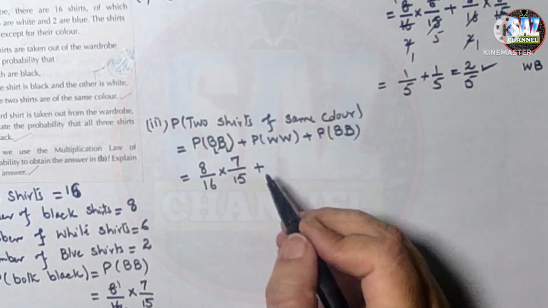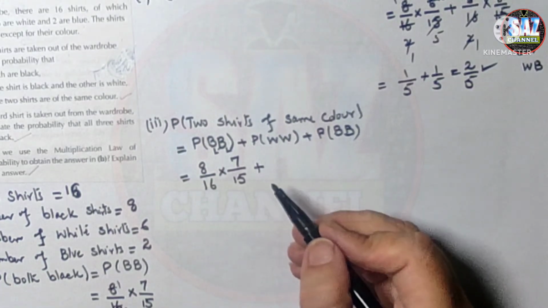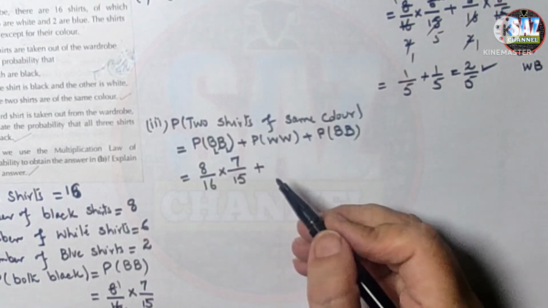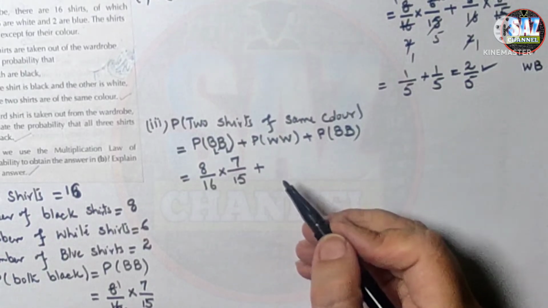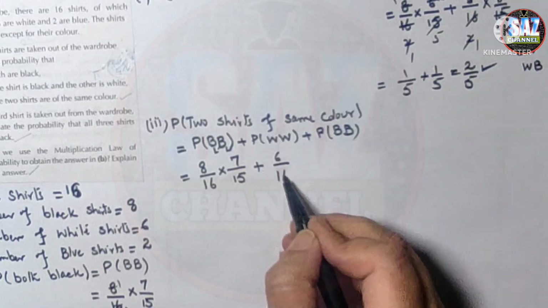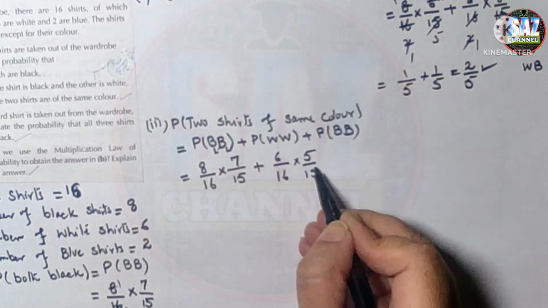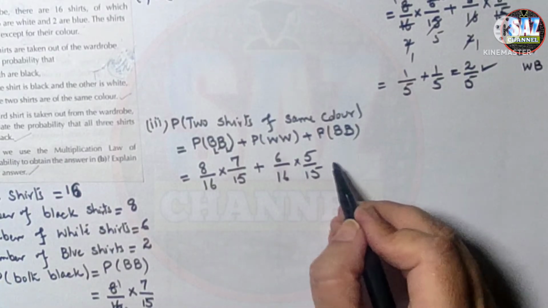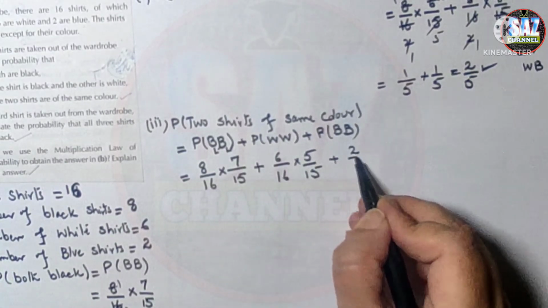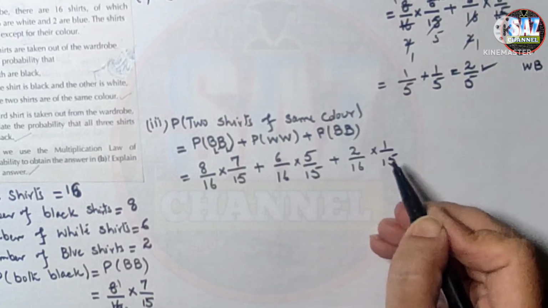So the next is white with white. The favorable chances of white are 6 by 16 multiplied by 5 by 15, and for the blue shirt 2 by 16 multiplied by 1 by 15.